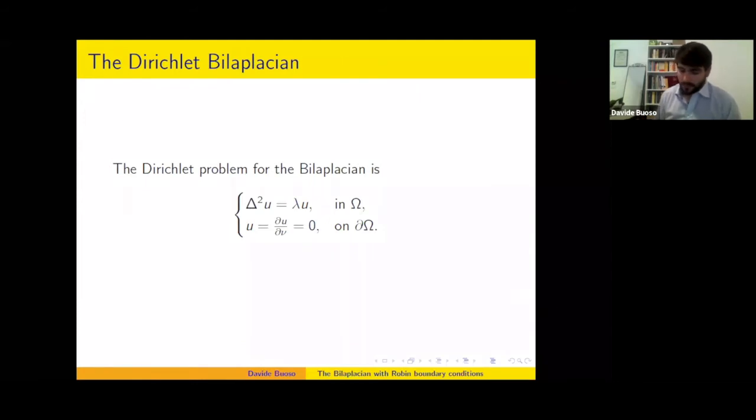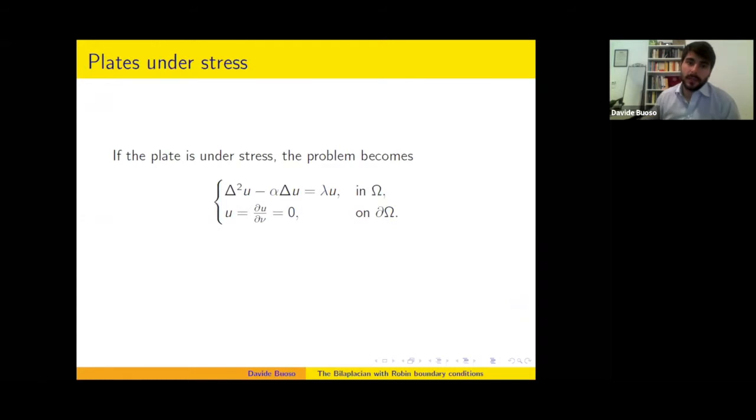Actually, we are considering a generalized version of this, which is this type of problem where you have the appearance of lower order terms of this type. And this problem is interesting because the Bilaplacian is actually a model for plates.